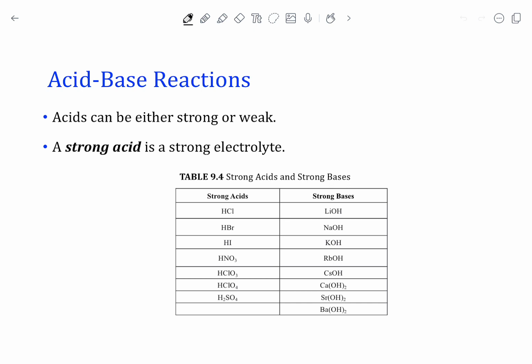So we have a list here of our strong acids that we were told to memorize in our previous lessons. We also have a list of strong bases, which we defined as hydroxide ion containing compounds that are paired up with group 1 and group 2 metals. So we have lithium, sodium, potassium, rubidium, cesium, calcium, strontium, and barium.